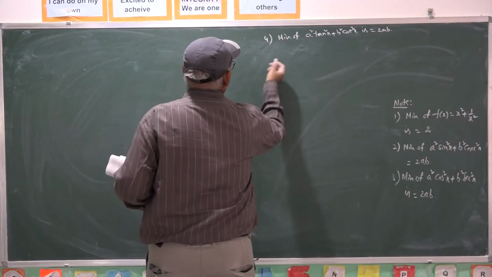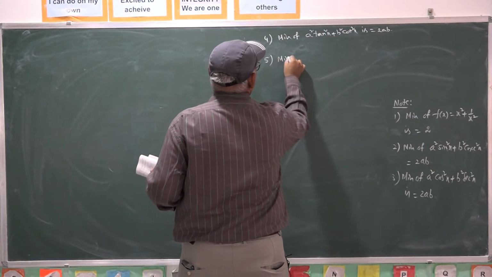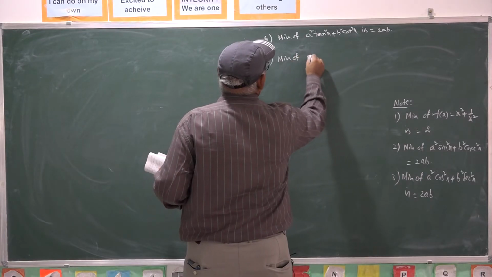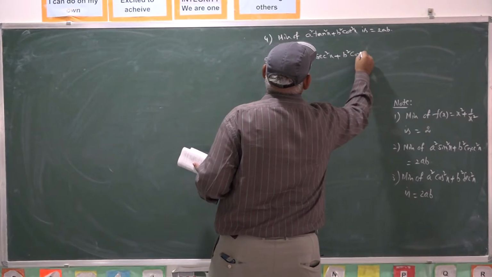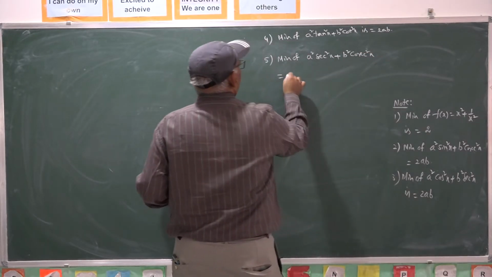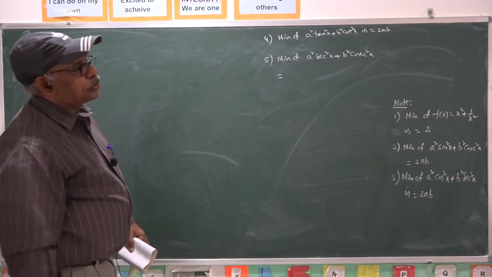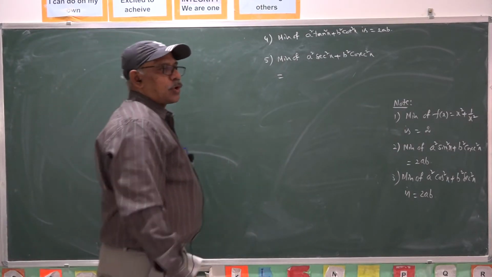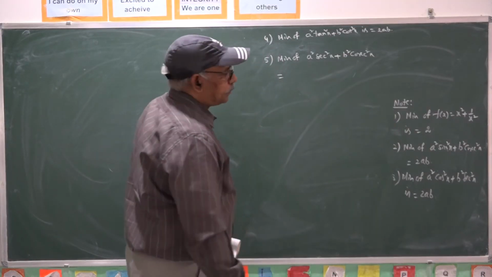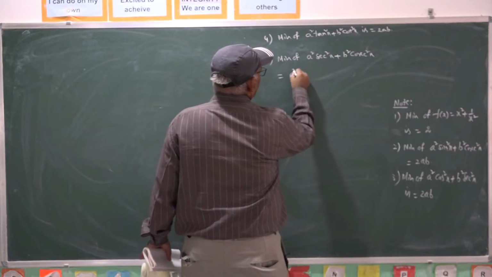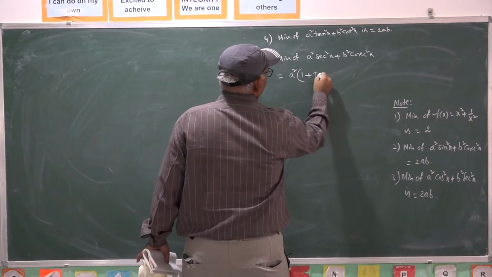Now, based on this, the minimum of a square secant square x plus b square cosec square x is. Here these two are not reciprocal. Secant square and cosec square are not reciprocal. But you can apply the AM and GM inequality here. How? Write secant square x as 1 plus tan square x.